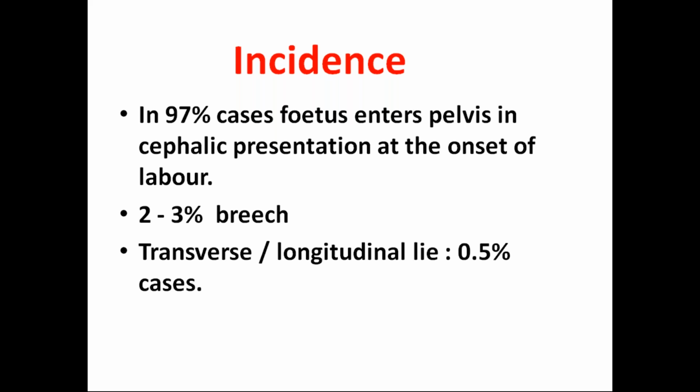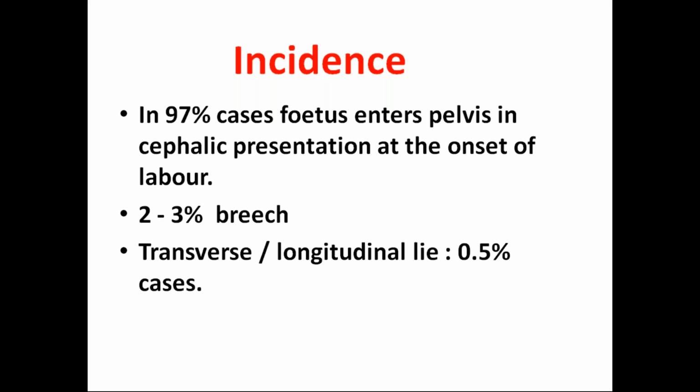Of the 96 to 97% cephalic presentations, more than 99% will again be vertex presentations. Only half and half of the remaining percentage will be brow and face presentation, depending upon the amount of flexion, deflexion, extension.